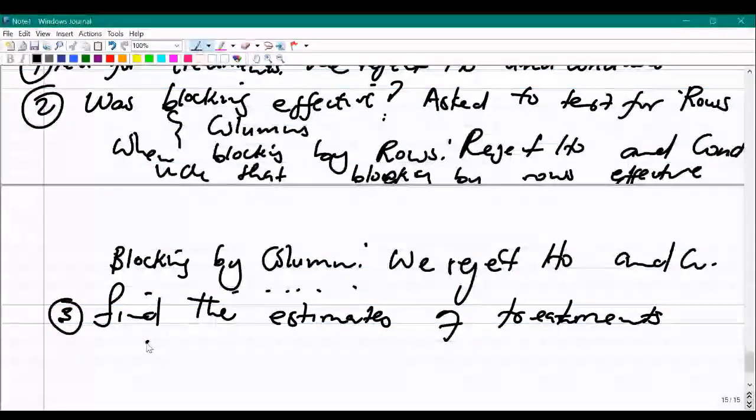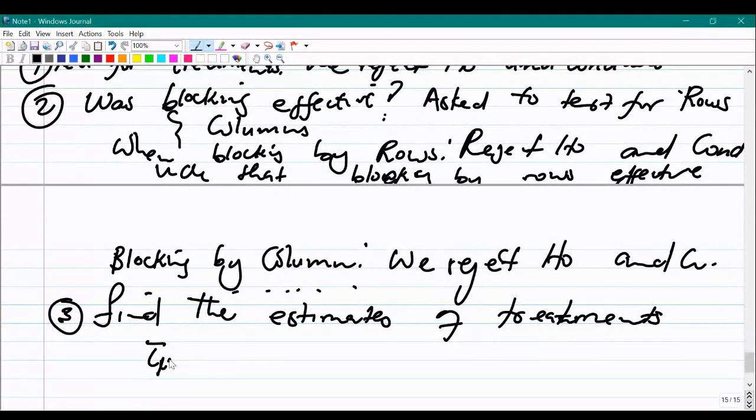So tau k hat equals y dot k, the mean, minus the overall mean. This is what we are saying, right?